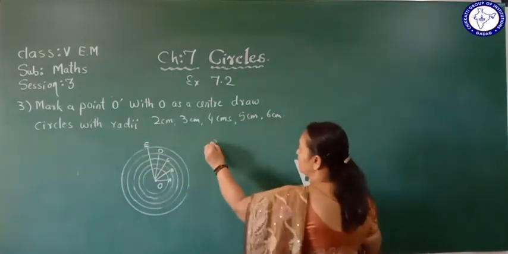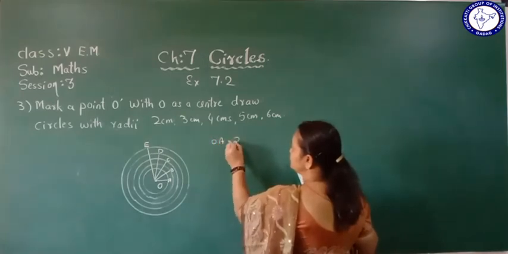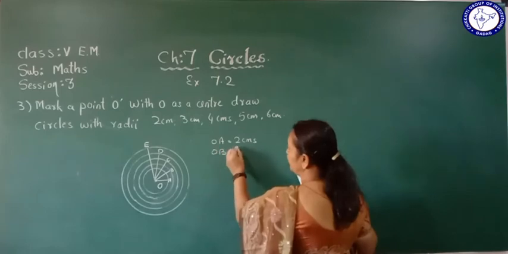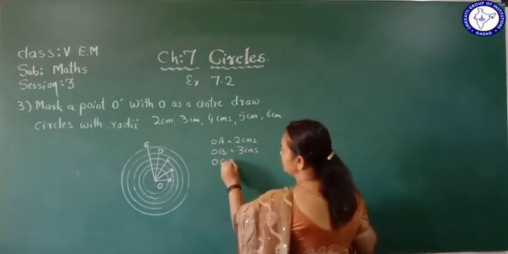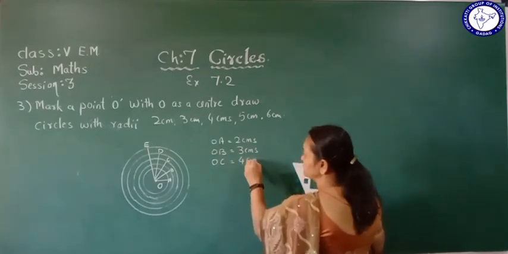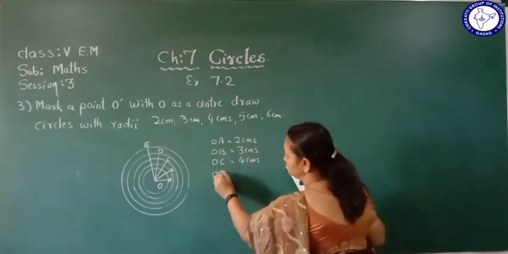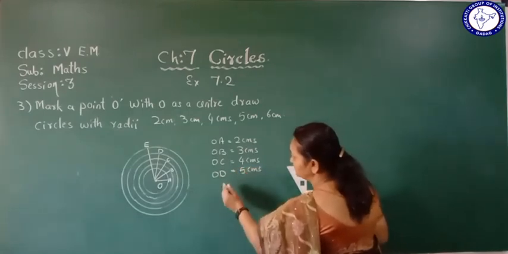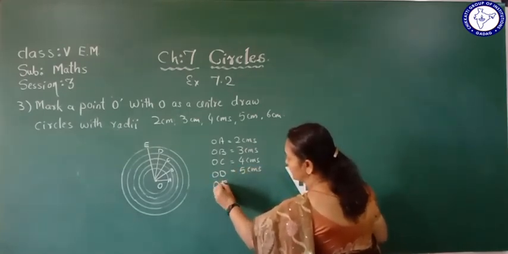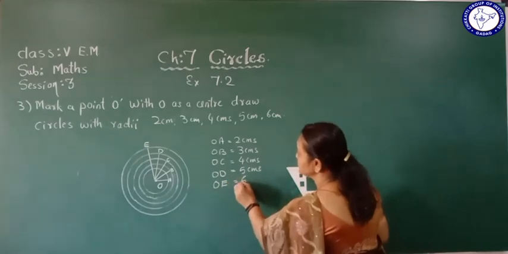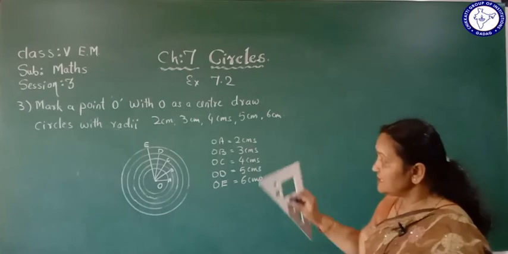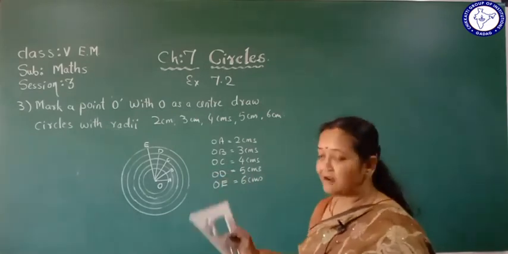Here OA is 2 centimeter, OB is 3 centimeters, OC is 4 centimeters, OD is 5 centimeters and last OE is 6 centimeters.